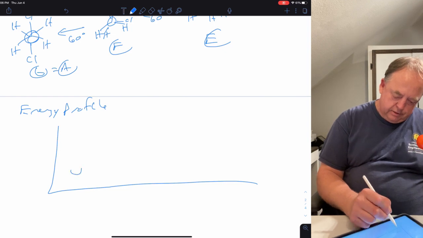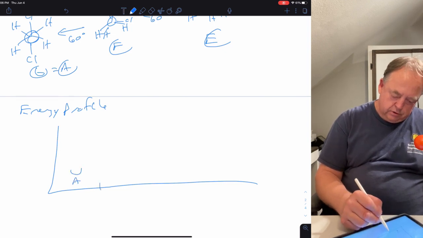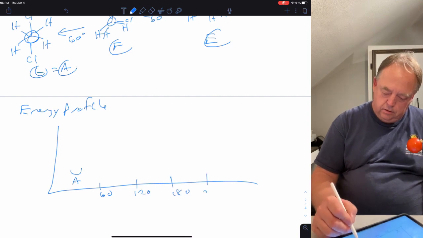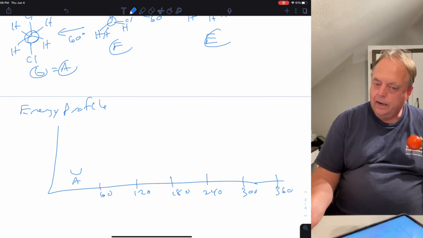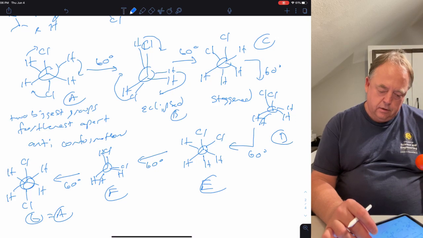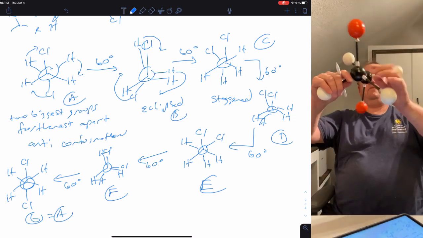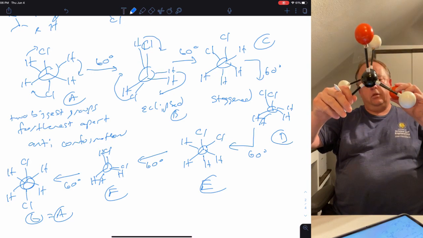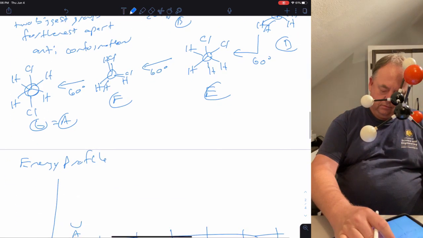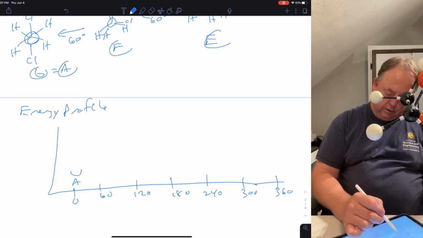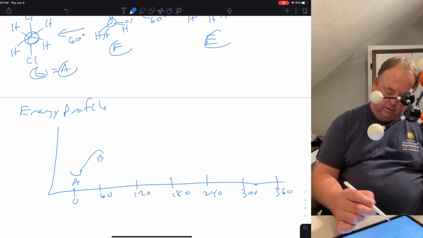Okay, so A is here, and then we go 60 degrees, 120, 180, 240, 300, 360, we're back to where we started. Okay, so when we go from A to B, does the energy go up or down? Well, it goes from staggered to eclipsed, so the energy goes up.